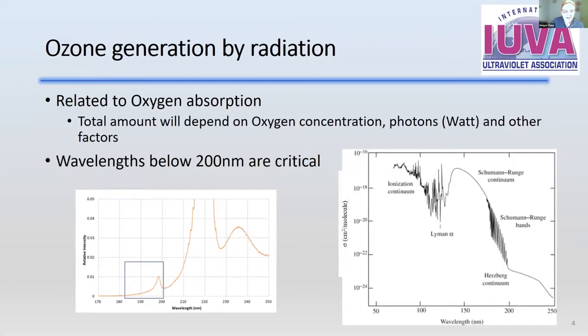So, ozone generation by radiation. Since the ozone layer is a very, very important part of our atmosphere that has been researched and understood for a long, long time, it is very much related to the absorption of UV photons by oxygen.